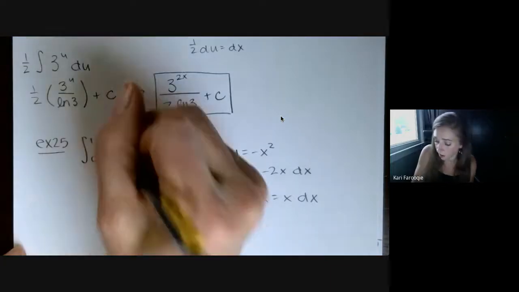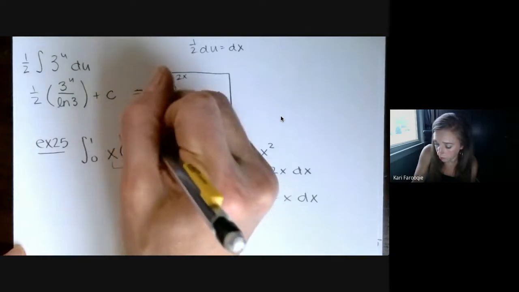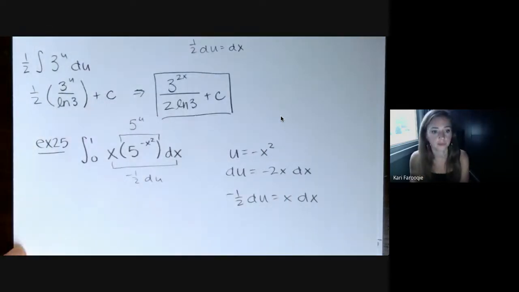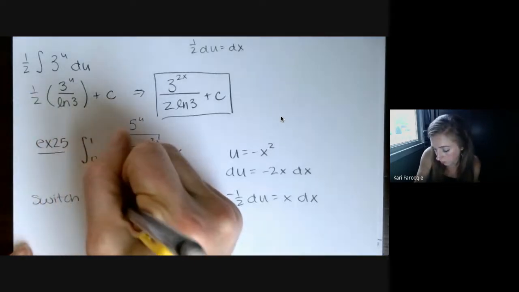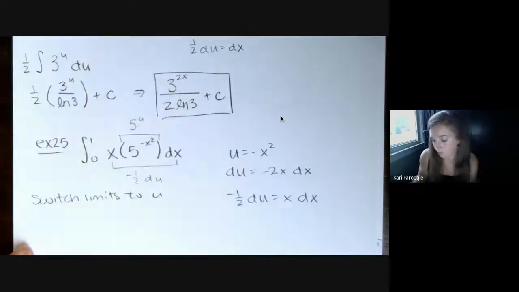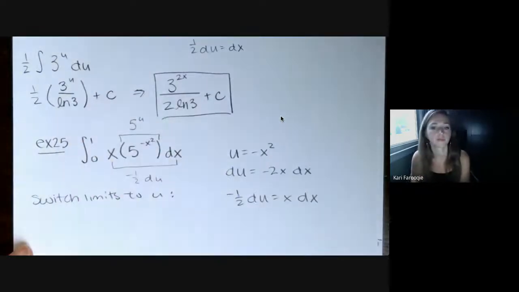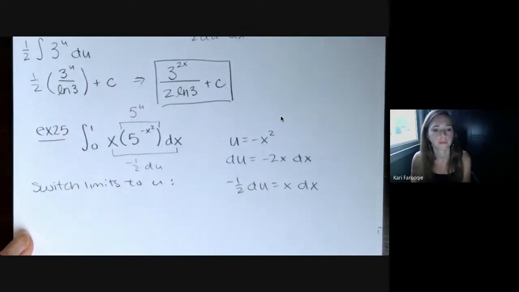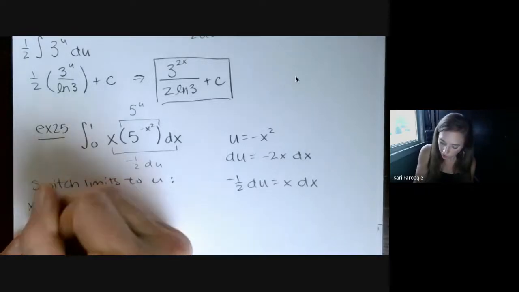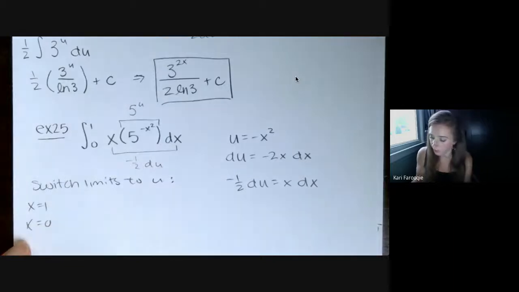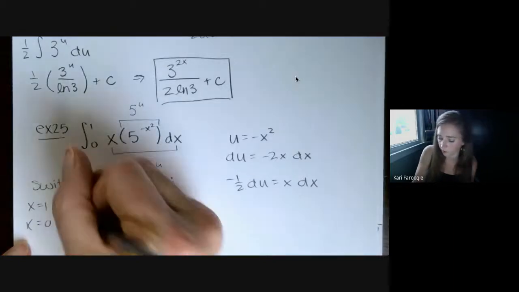And then this guy will just be 5 to the u. Now don't forget to switch out your upper and lower limits of integration. If you'd like, we'll switch them now, since we know we're going to do it anyway. So I'm going from x equals 0 to x equals 1, and I know that u is negative x squared.